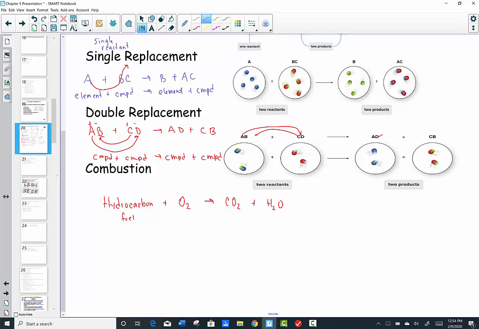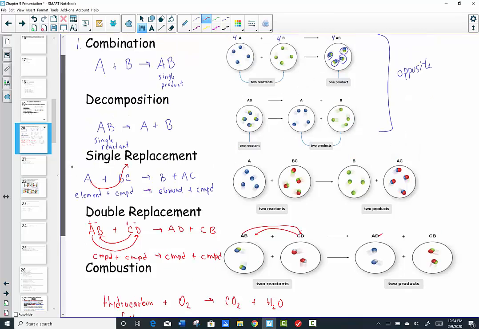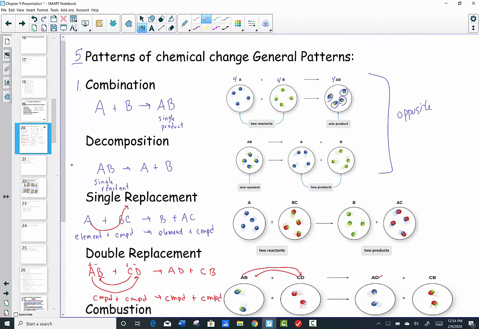The 5 general patterns of chemical change. Combinations produce a single product. A decomposition breaks it back down. We have a single replacement where an element reacts with a compound, and a double replacement where 2 compounds exchange partners. And the combustion, where we have a hydrocarbon fuel burning in oxygen to release carbon dioxide and water.